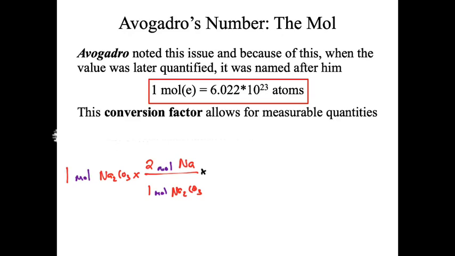If we now go through, we'd have moles of sodium. Before, when we used the periodic table, we had atoms of sodium.